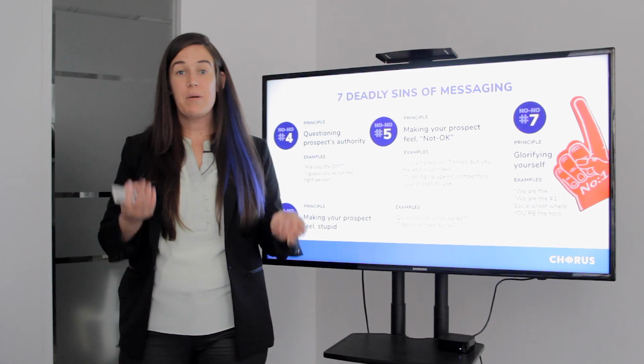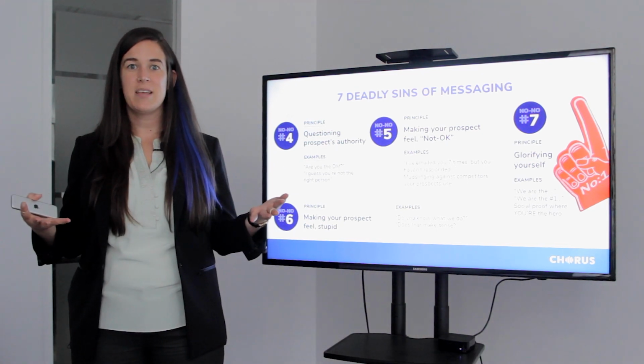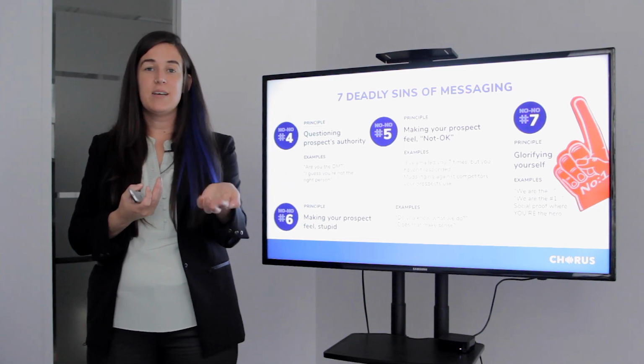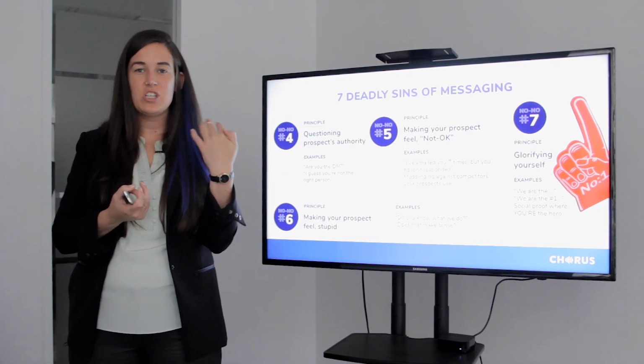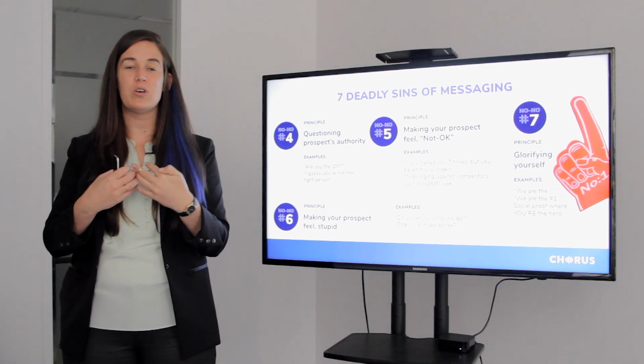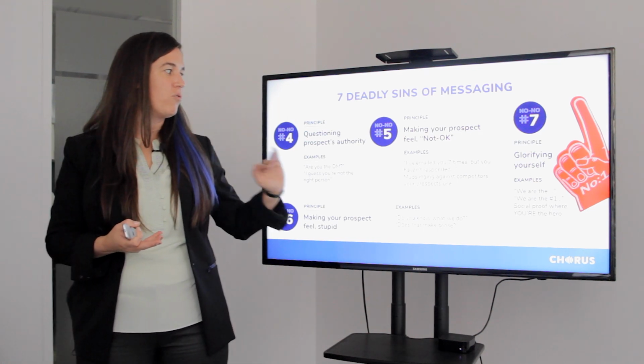So if someone bought your competitor, for instance, let's say we're going between Outreach and SalesLoft, and if I bought Outreach and then someone reaches out to me and says Outreach is the worst, they're inherently making fun of my decision. So it's almost like making fun of me directly. So you always want to make sure that you avoid mudslinging.